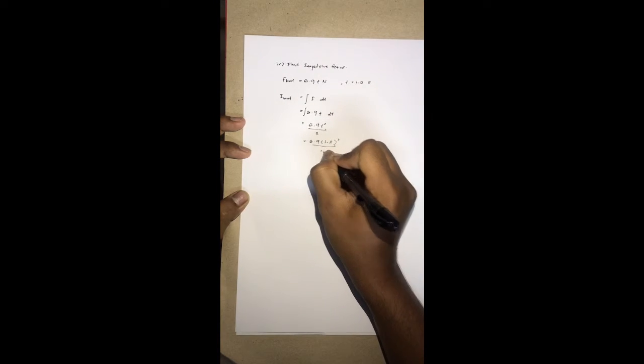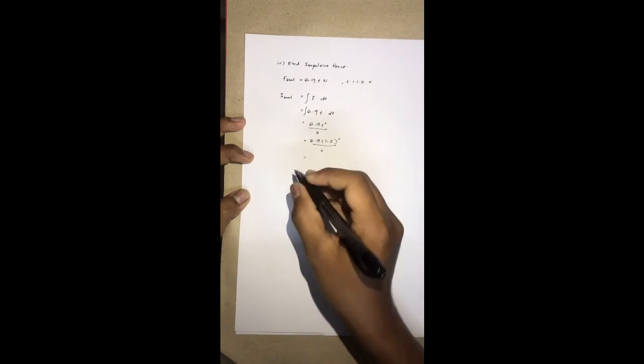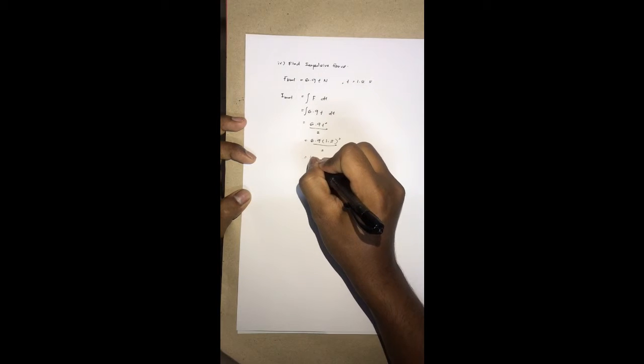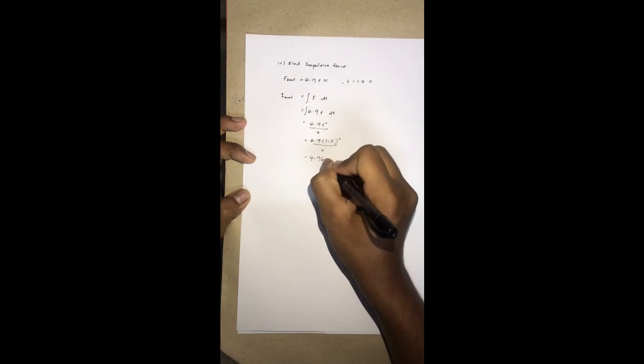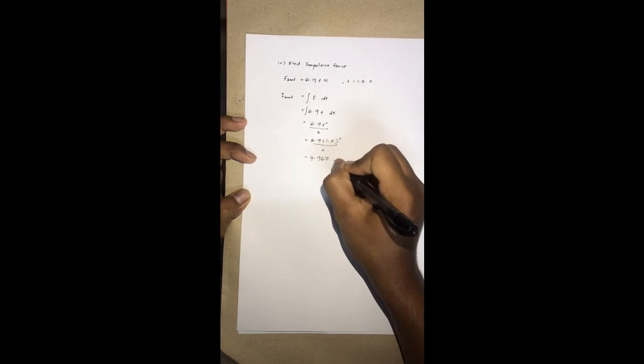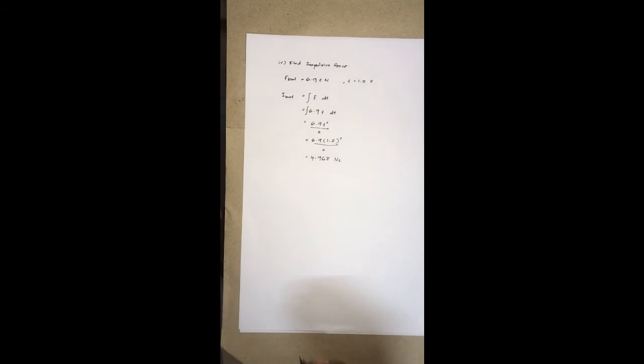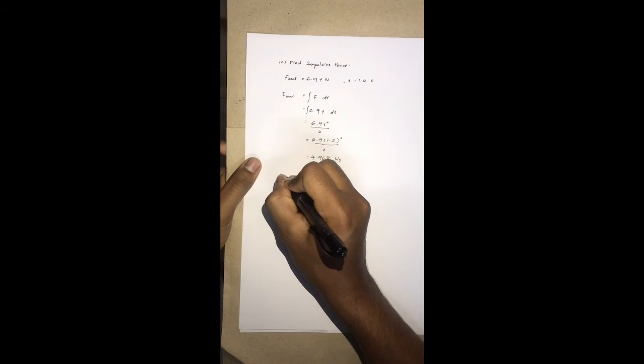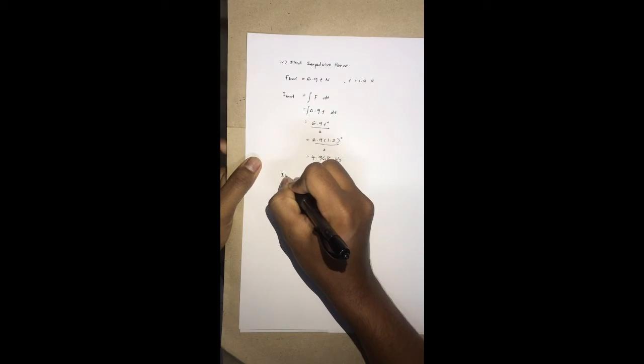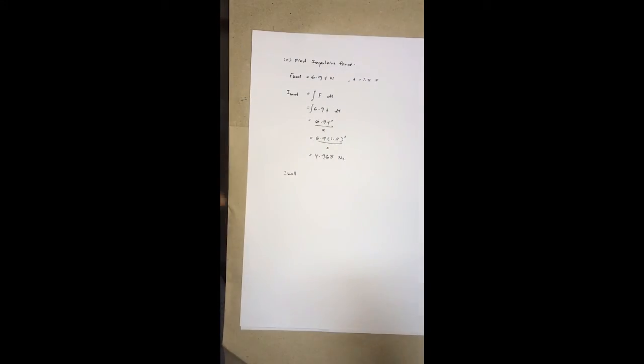To integrate, we just substitute the t value into the equation, and then we get the answer. The impulse of the bat is 4.968 Newton second.